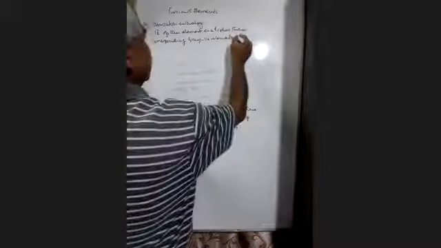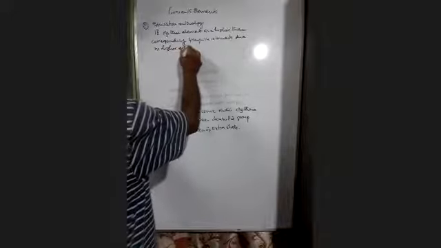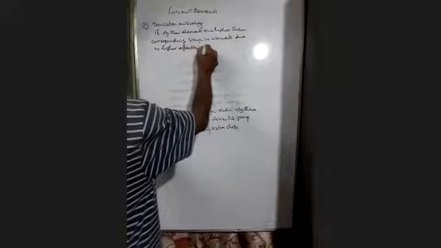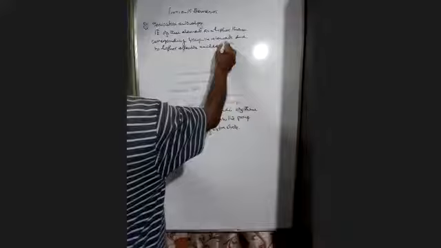Due to higher effective nuclear charge, same reason. But it is very interesting. If 15 is more than 14, then 16 should be more than 15. But we find no. Ionization enthalpy of group 15 elements is higher than group 16 elements.